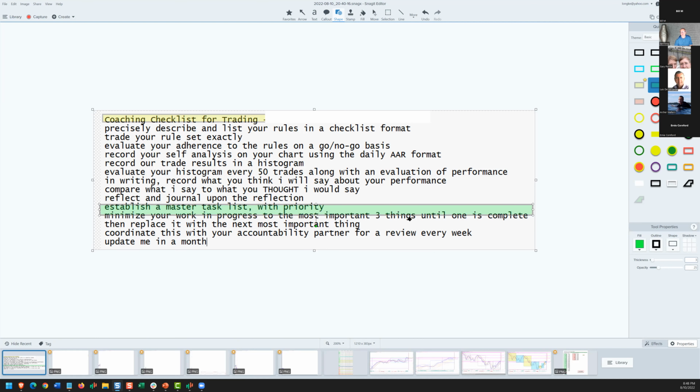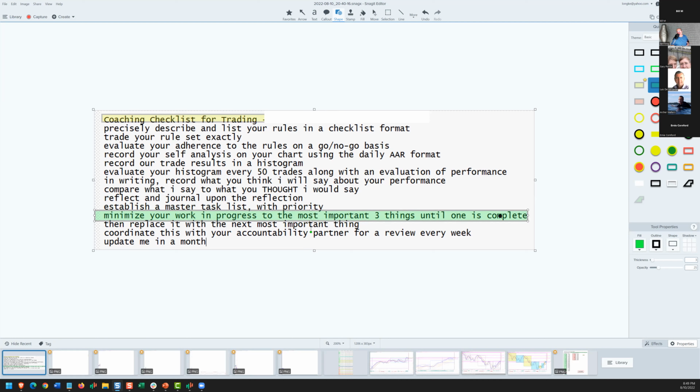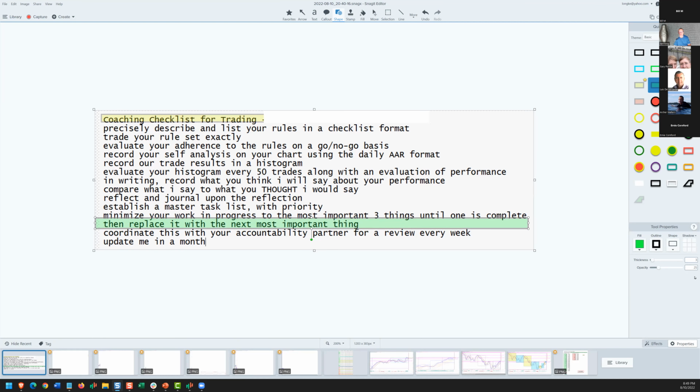And then when you choose the things to work on, you want to minimize your work in progress to the most important 3 things, so you can, it's not multitasking, but you can shift focus a little bit. So if you get burned out or bored or just out of gas on one of them, you can shift and be right on the next most important task. And you're going to minimize your work in progress to just those 3 things. And then when one is completed, you just add another one, replacing it with your next most important thing.